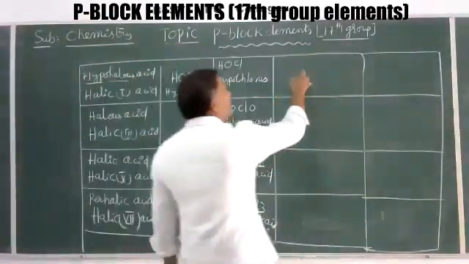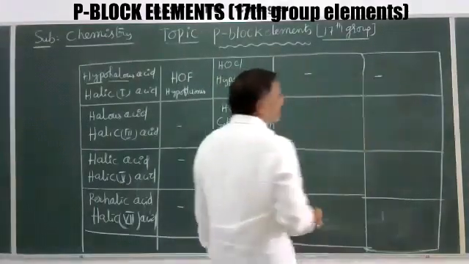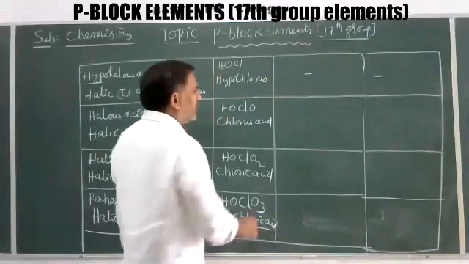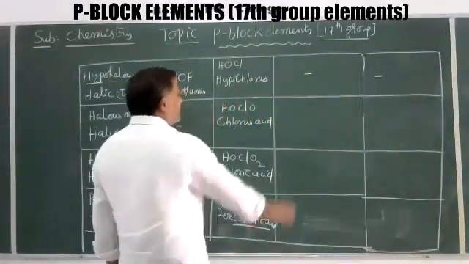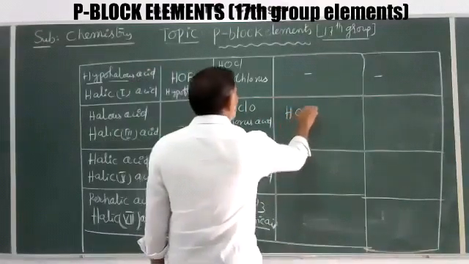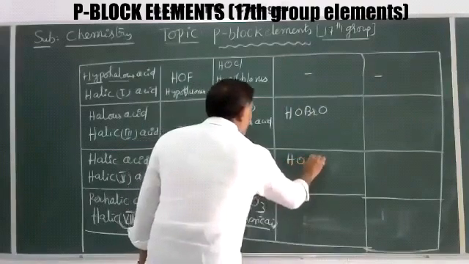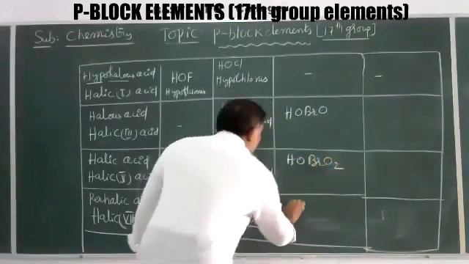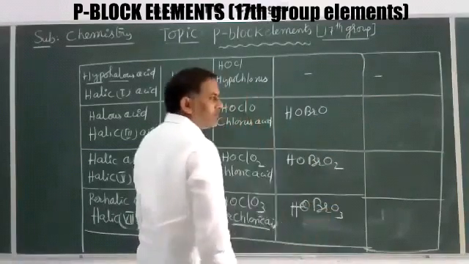Now these generally do not form, like halous. Now these three are formed, like HOBrO, HOBrO2, HOBrO3, like this.